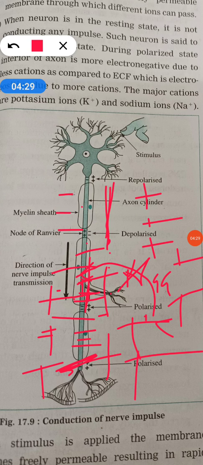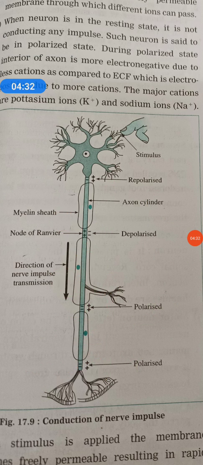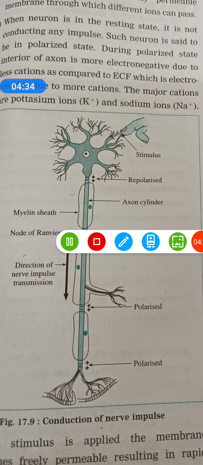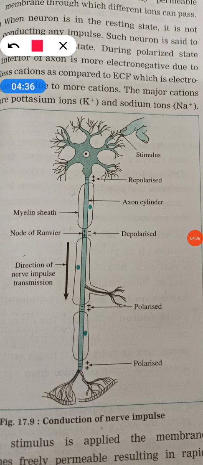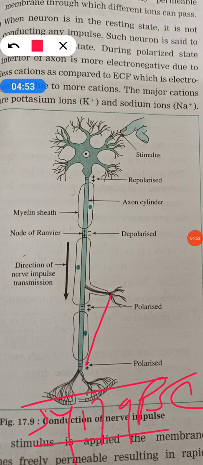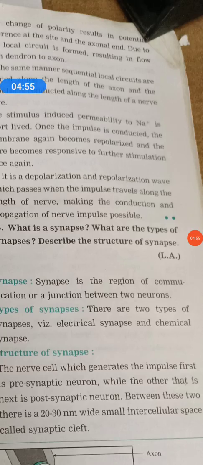This is the repolarization state, also called the polarized state. In this way the conduction and propagation of the nerve impulse takes place up to the axon terminal of one neuron. But students, this is one neuron, and the space between two neurons is the synapse. The synapse regulates intercellular communication.